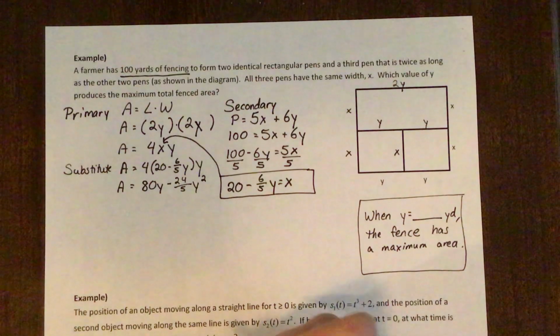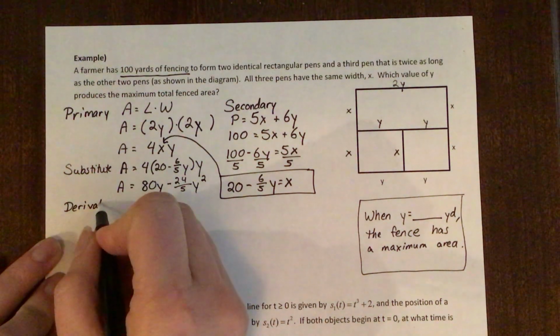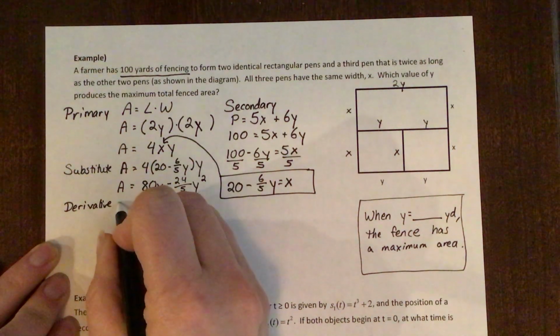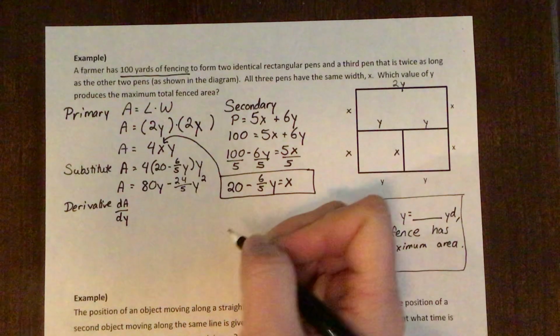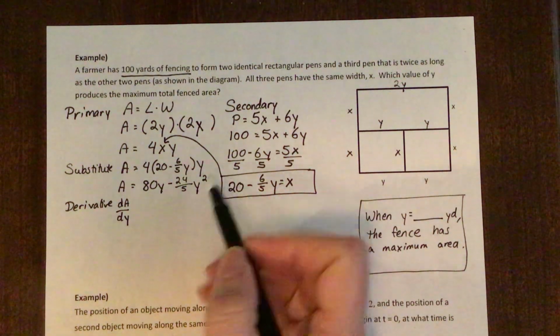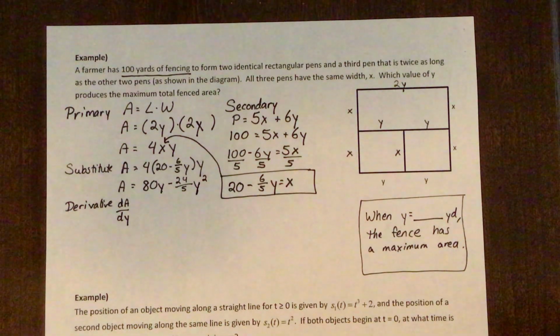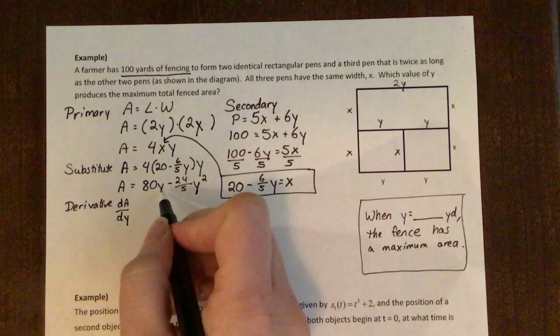All right. We take a derivative now. So I'm going to write the derivative out here. This is going to be dA dy. We are taking our derivative with respect to whatever this variable is. So this is more like implicit differentiation from when we first learned it, when we just had x's and y's and took the derivative with respect to x.